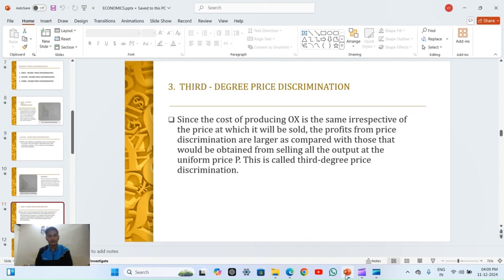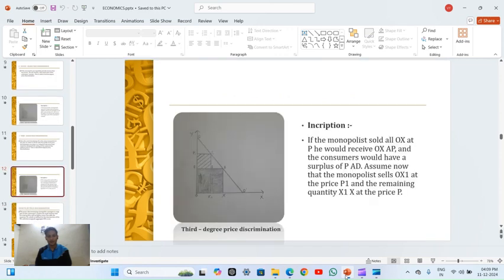Now, let me explain third degree price discrimination. Since the cost of producing OX is the same, irrespective of the prices at which it will be sold, profits from price discrimination are larger as compared with those that would be obtained from selling all the output at a uniform price P. This is called third degree price discrimination. Here is the graph of third degree price discrimination.